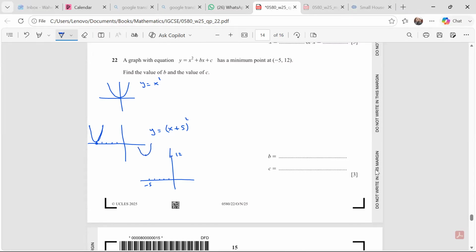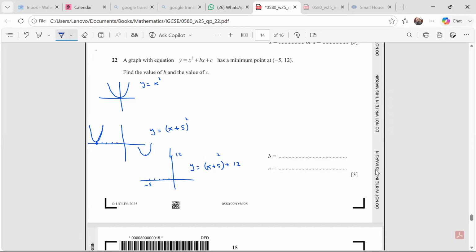So the equation for this would be y equals (x plus 5) whole squared plus 12. When x is negative 5, the squared term will be 0 and the value of y is going to be 12.